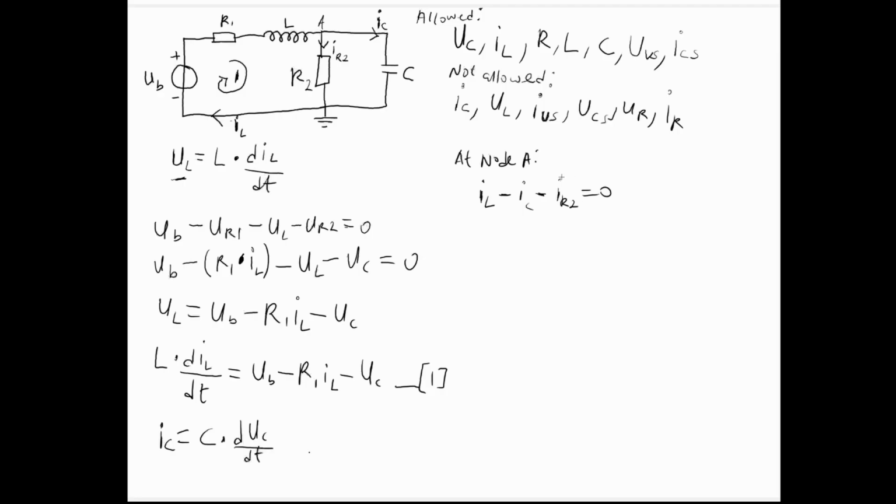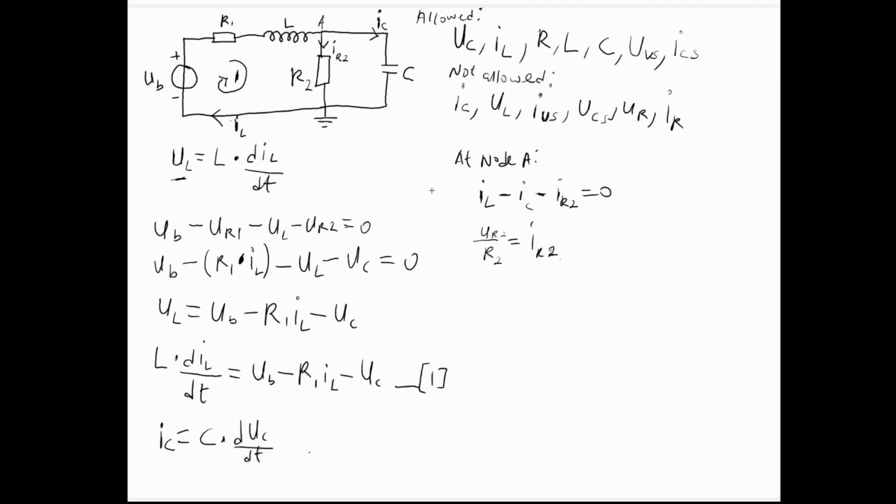Because we have current, the first thing we do is to use an element equation. You have the current of resistor 2, you can convert it with the relationship of resistor 2. So for resistor 2, we know that the voltage across resistor 2 divided by resistor 2 is equal to the current. Now, having done this, you have this is allowed and this is not allowed.